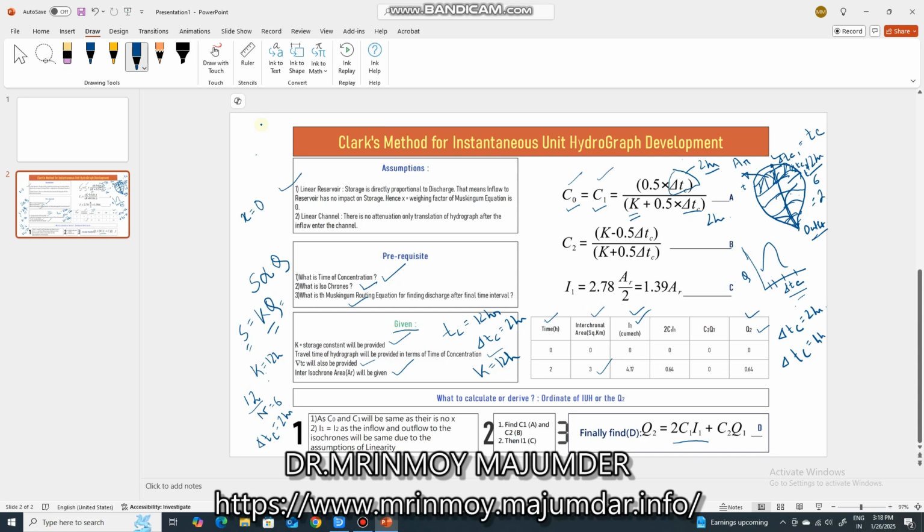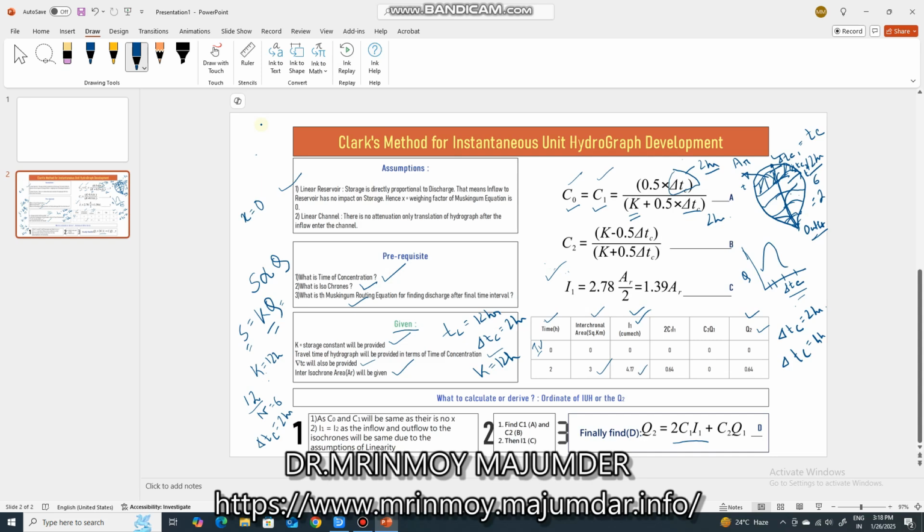For the first time scale it is 0 because before that we do not know. This is the initial value, so the initial value is 0 and everything will be 0. The first value is after 2 hours. The inter-isochronal area for that is given as 3 square kilometers. I1 you have calculated from here: 1.39 multiplied by AR, where AR is your 3 square kilometers.